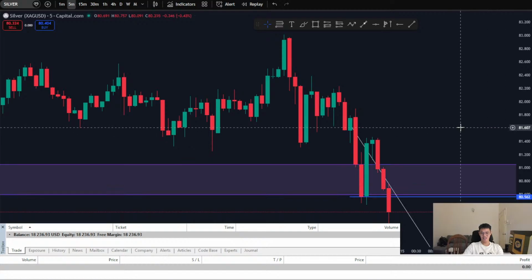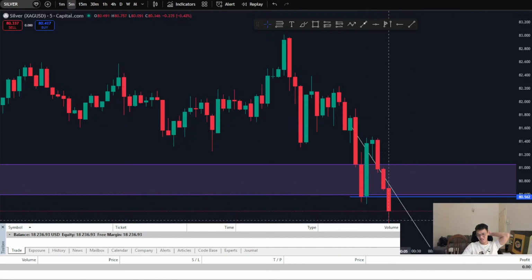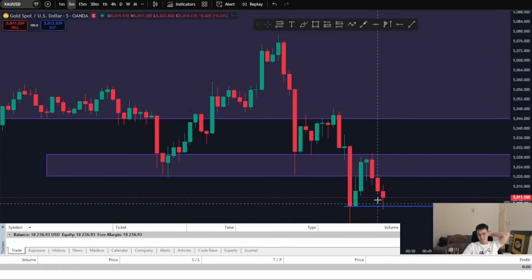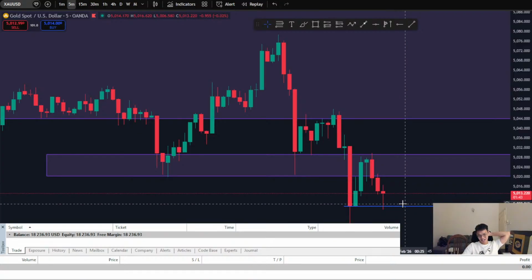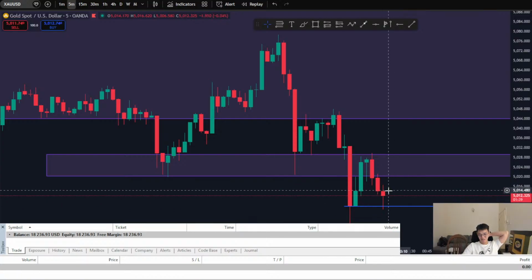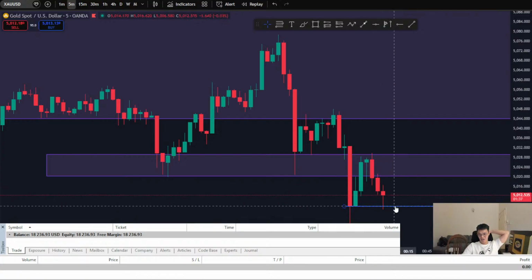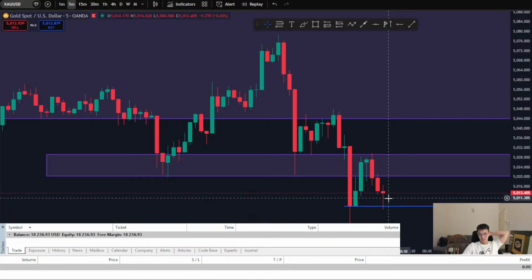So guys, this is a very real-time example. You see I didn't follow my plan, so I missed this movement, on the silver and the gold also. I told myself that when the price reaches the level, then I only close the order, right? But I closed it early.